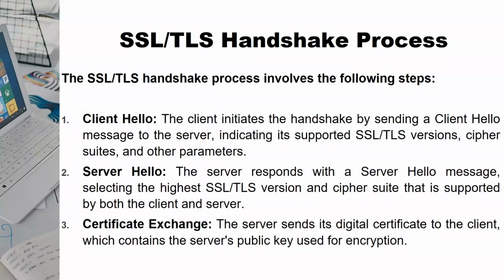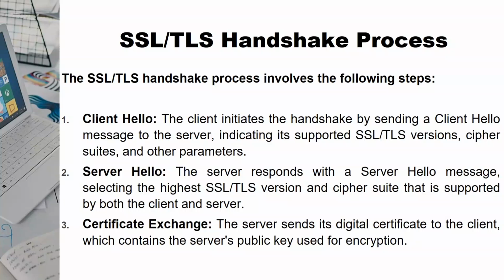Then we move on to the second step, which is the server hello. The server now responds to the client hello message with a server hello message, selecting the highest SSL/TLS version and the cipher suite that is supported by both the client and the server.